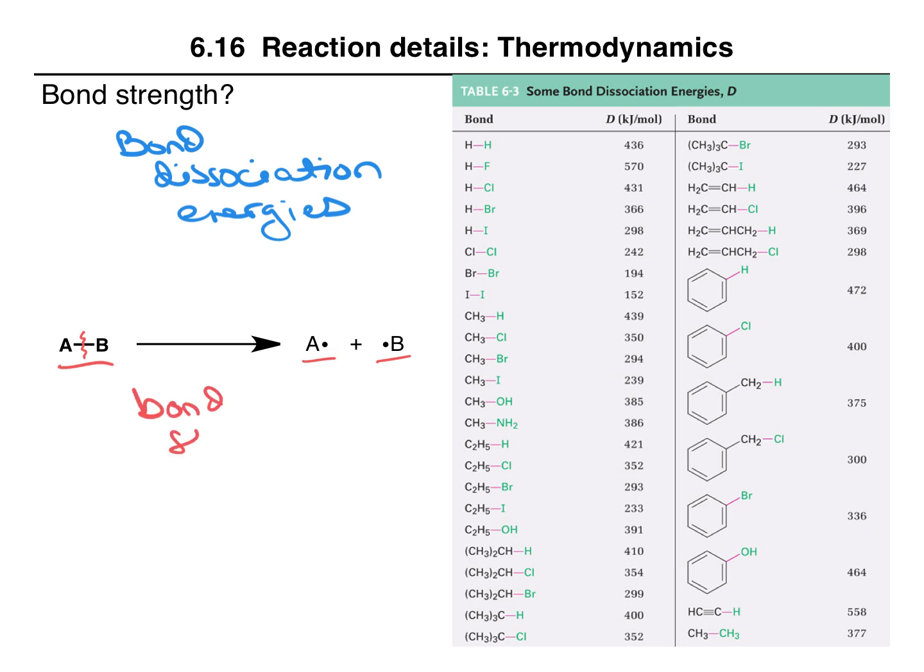So the BDEs, the bond dissociation energies, give a measure of the bond strength, and this bond strength can be applied to either radical or polar reactions. This is a table from your book, and we have some bond dissociation energies given in kilojoules per mole.